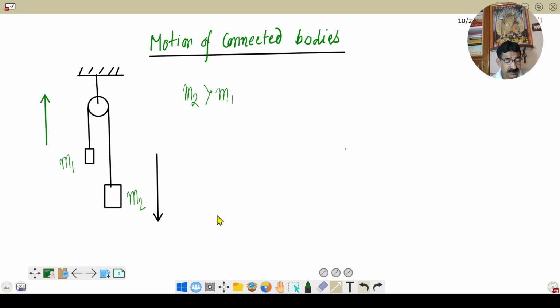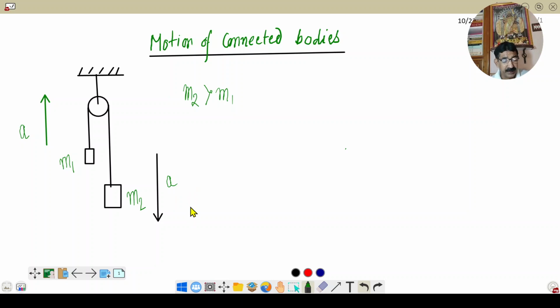And we consider the acceleration of this body is equal to A, and as the string is not stretchable, that means the length of the string remains unaltered during our experiment or observation, the acceleration of M1 will be equal to the acceleration of M2.